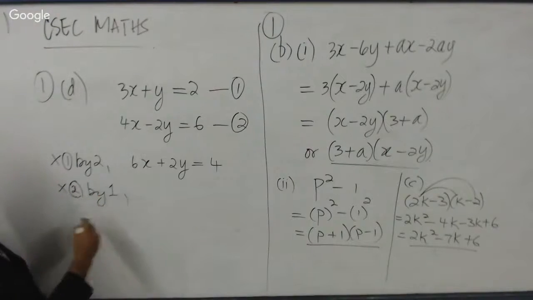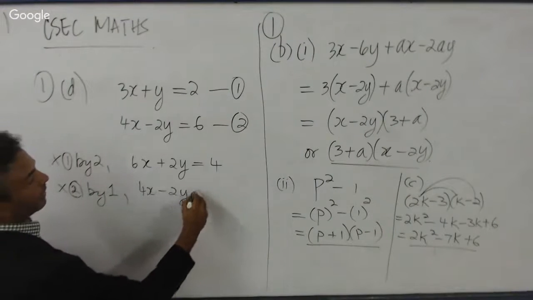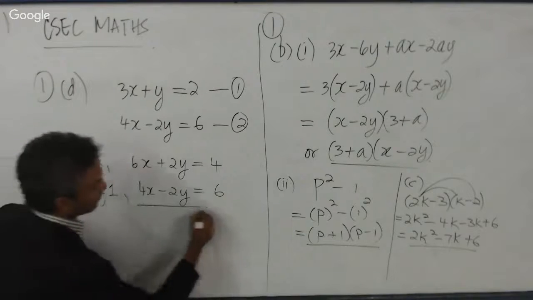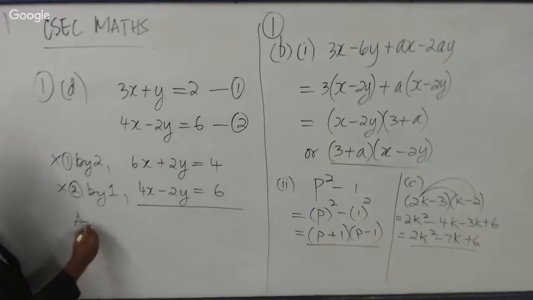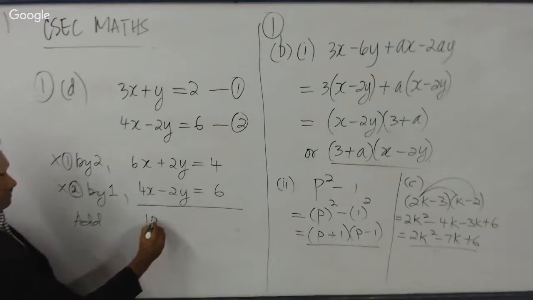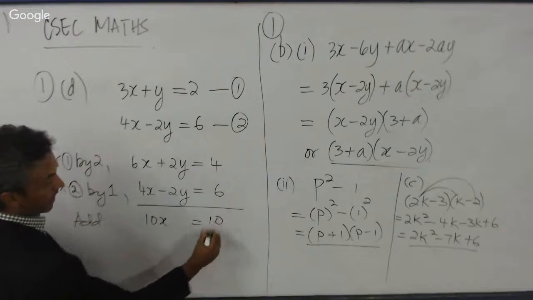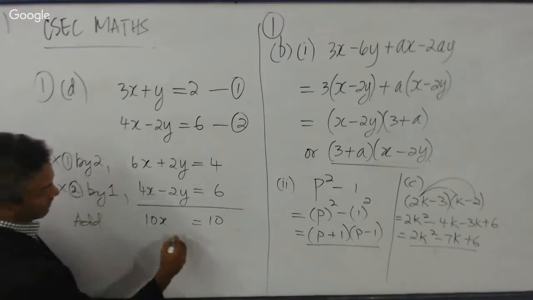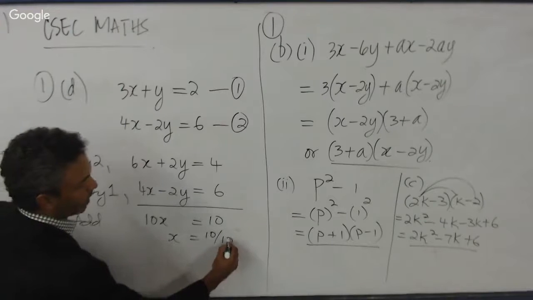Multiplying by 1 is the same as just rewriting the equation: 4x minus 2y equals 6. I want to eliminate y, get rid of y, so I'm going to add equations. 6x plus 4x, 10x. The y cancels. Equal 10. From this, x is going to be 10 divided by 10, which is 1.